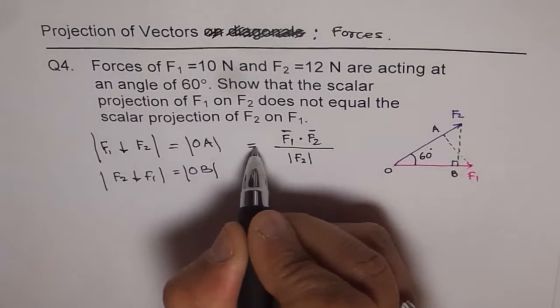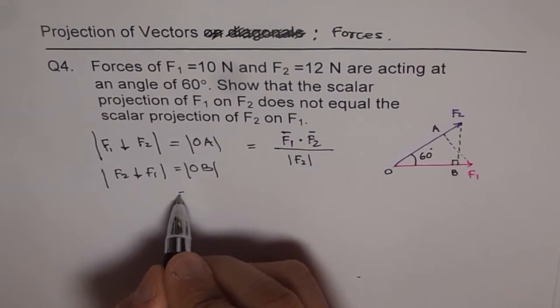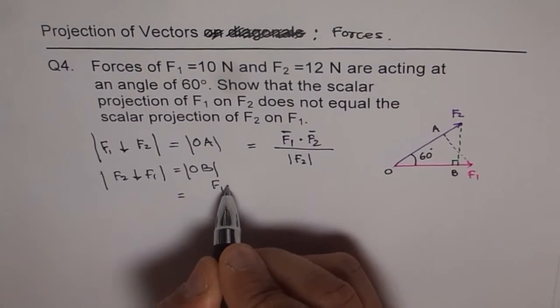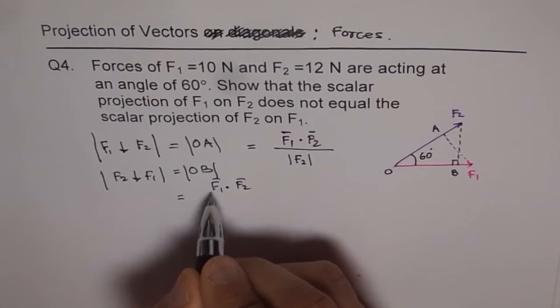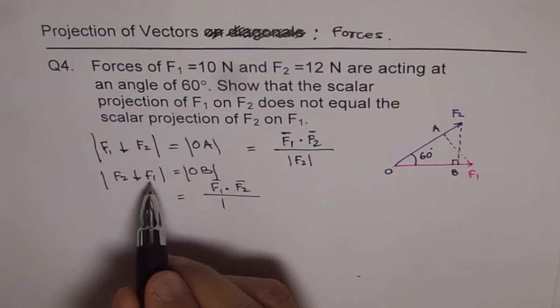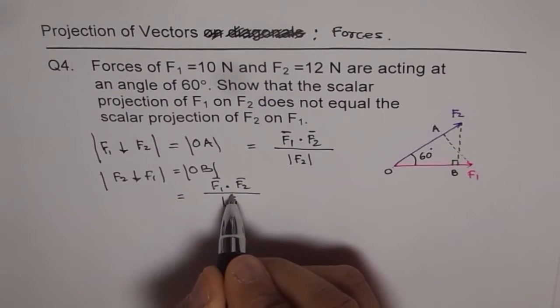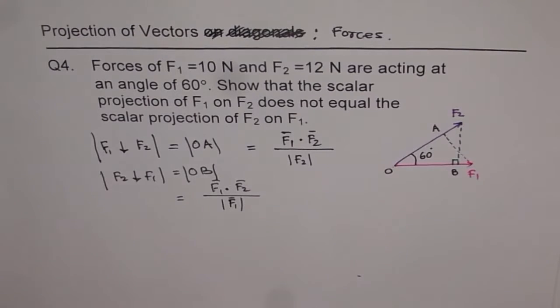This is the first part, and the second part is equal to, the numerator is the same, but the denominator is different. When you do F2 on F1, you need to divide by the magnitude of F1, right? That is how their scalar projections are different, correct? So when you calculate, you'll get, of course, different answers.